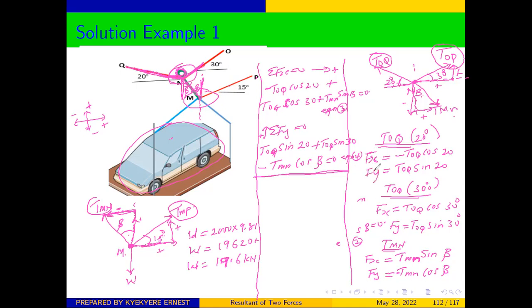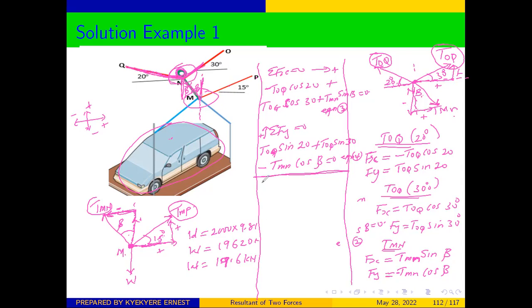Therefore, we are going to use our first and our second equations, and we are going to make TMN sine beta and TMN cos beta the subject, and from there we substitute them into our third and our fourth equations.